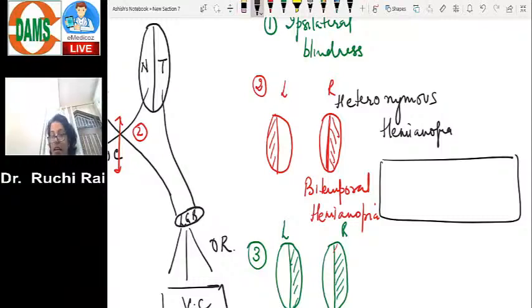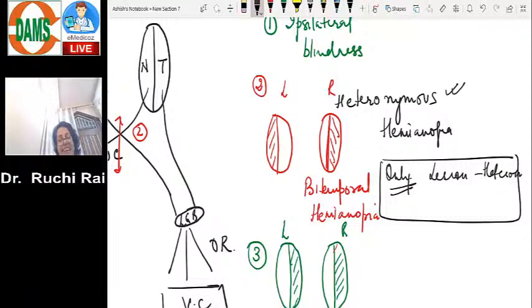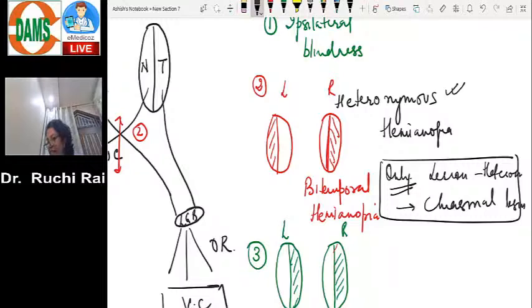So here, put it in the box that the only lesions which are heteronymous are chiasmal lesions. The only lesions which are heteronymous, which ones are they? Only, because this is also frequently asked. Can you see this? Do you agree? In this, it is chiasmal lesions. Note it down. So you will keep this in mind.